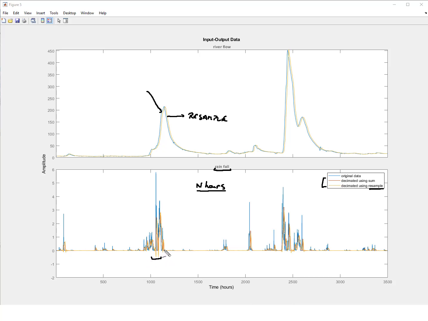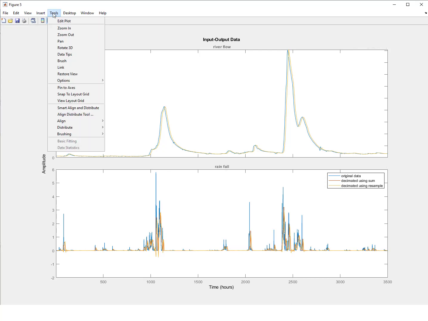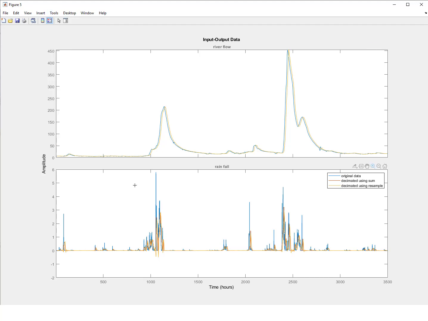So in this case we would like not to use this decimation by resampling. So what you can do is really compute the average rainfall over n hours. You can do this by summing the rain that is falling and then dividing by the number of hours. So we can have a look at that by zooming on the data.